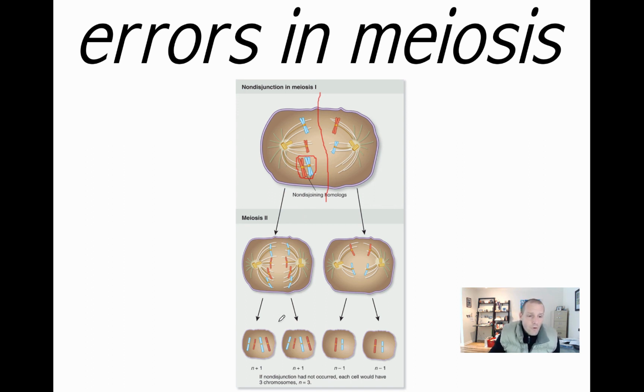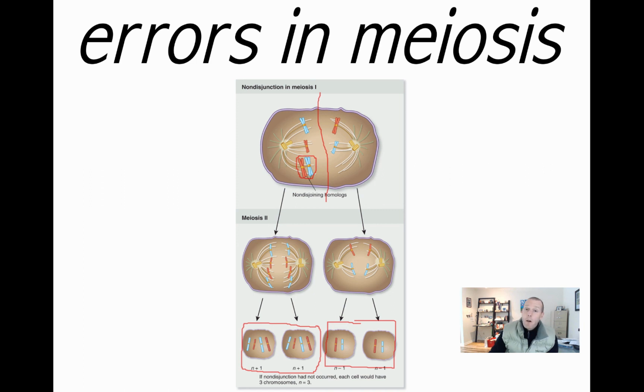If we follow this all the way through meiosis 2, we see this sequence of events in one cell and in the other cell produced by meiosis 1. Some of the cells, like these two here, are going to have one too few chromosomes, and the ones on the left are going to have one too many.